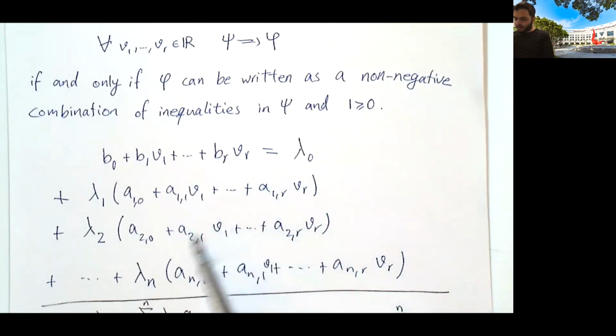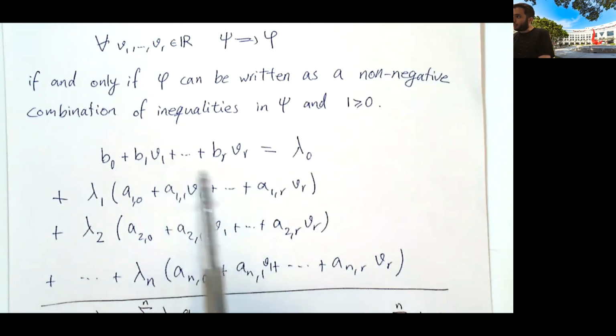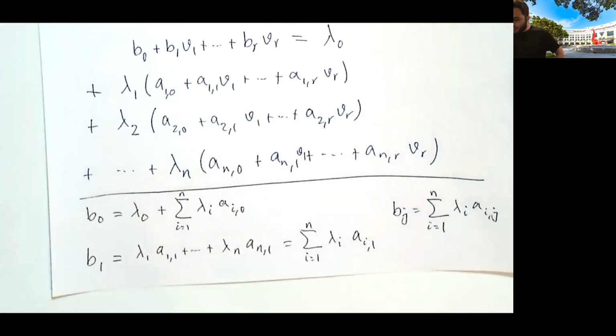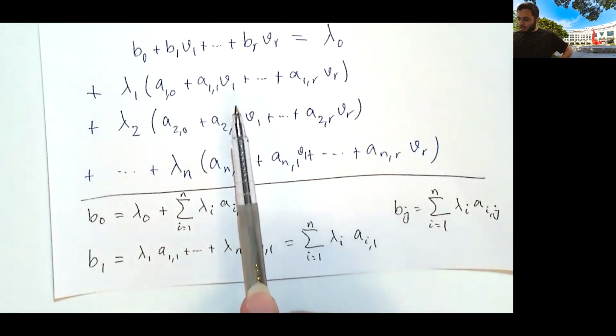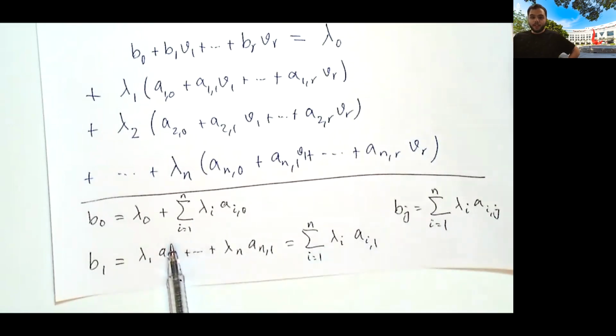And if you look here, you see that the variables are still there. So I have V1 to VR still here. But then I could translate this and just say that the coefficients on both sides should be equal. And I got a bunch of equalities. And in these equalities, I don't have any of my original variables. I don't have V1 to VR in these new equalities that I have here, right?